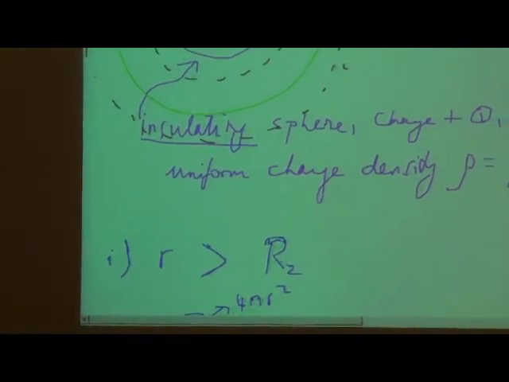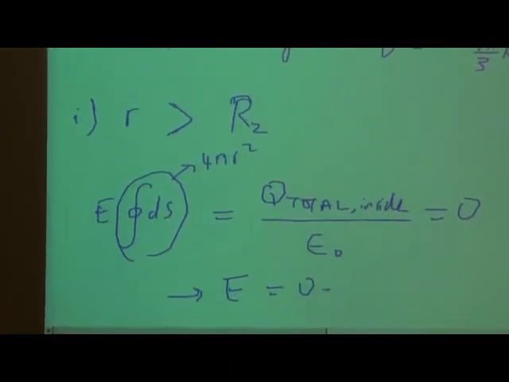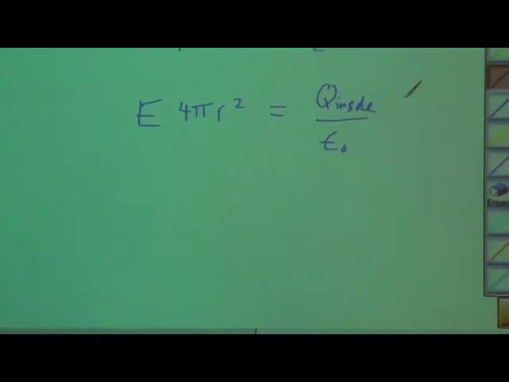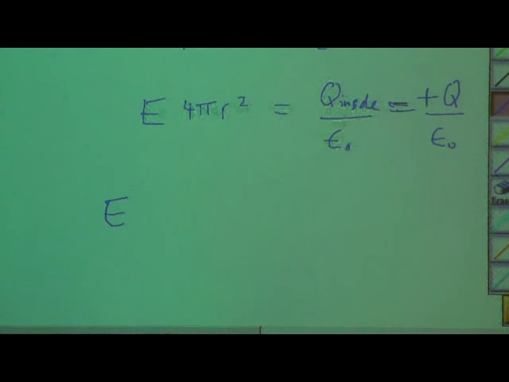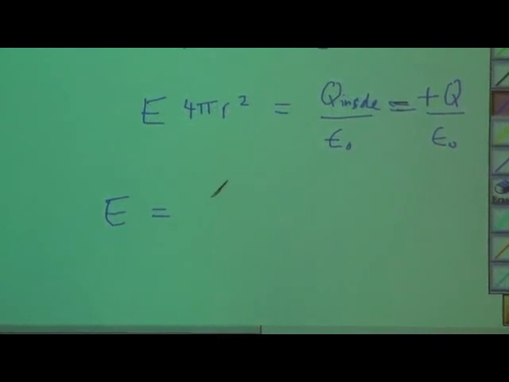Okay? So the electric field strength is plus Q over 4 pi R squared epsilon 0. In what direction? In the radial direction.